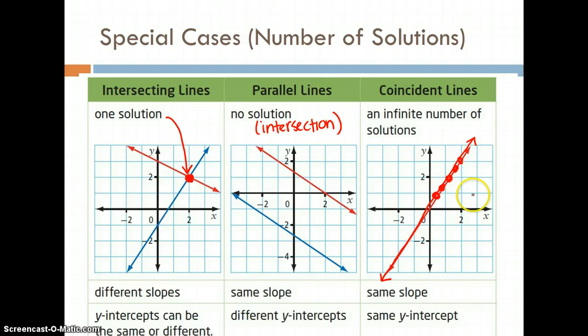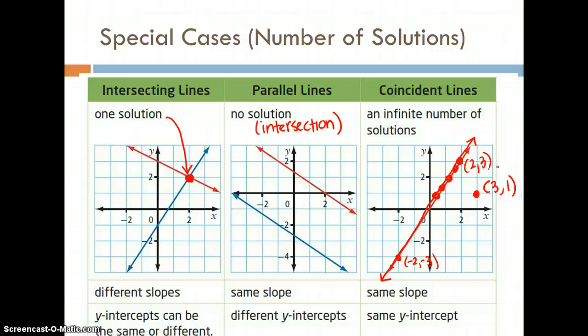If you look at the point (3, 1), that's not a solution because it's not on either line. But maybe (-2, -3) and the point (2, 3), and if we kept stretching those lines out, we could see lots and lots of points. There's lots of answers, but not just any answer will work.